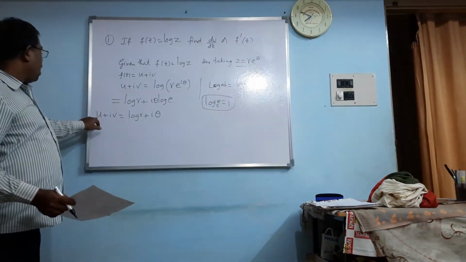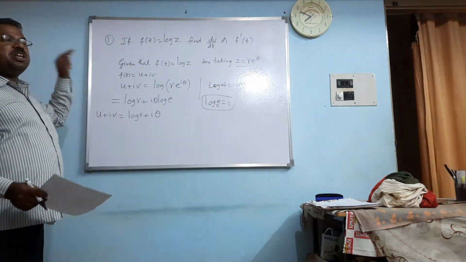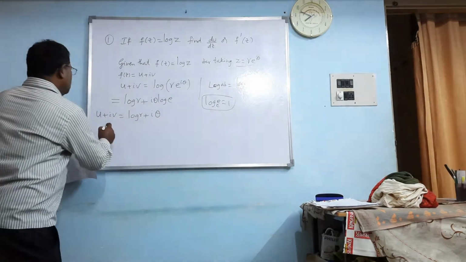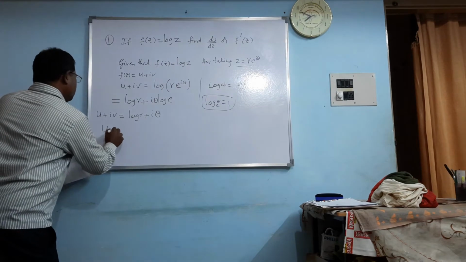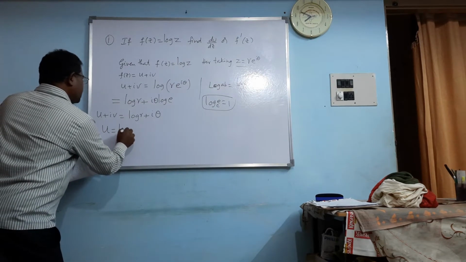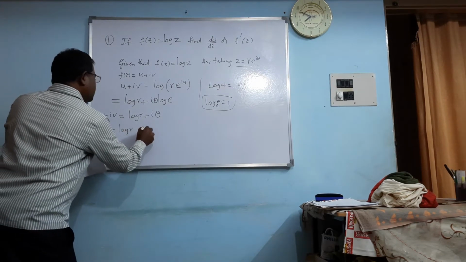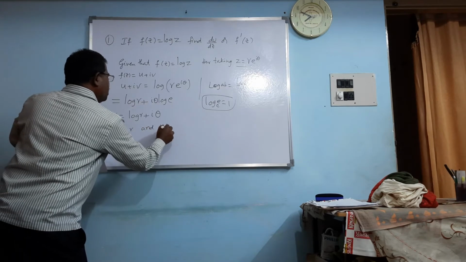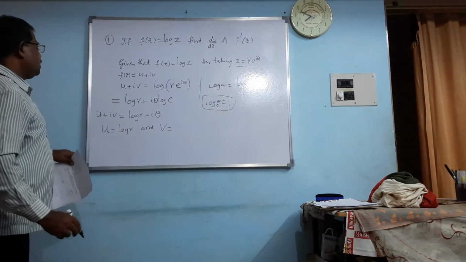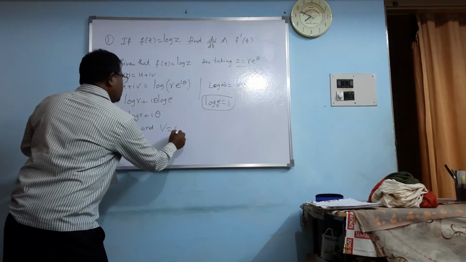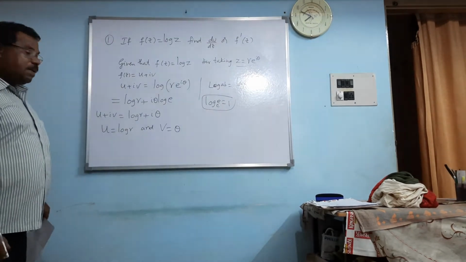u is the real part, v is the imaginary part. Write down what u is: u equals log r, and the imaginary part v equals theta.